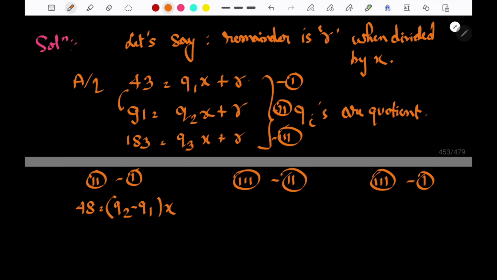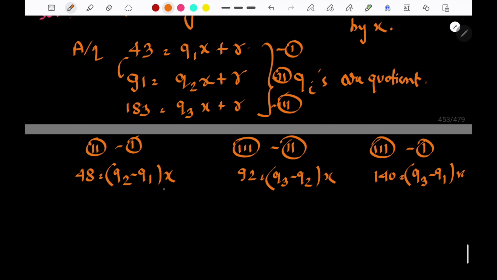Now 3 minus 2. So basically 183 minus 91. So this will be 92. 92 will be equal to Q3 minus Q2 into X. Now again 183 minus 43. So this is 140 is equal to Q3 minus Q1 into X. Okay, done. Now we can see that X is common to all.